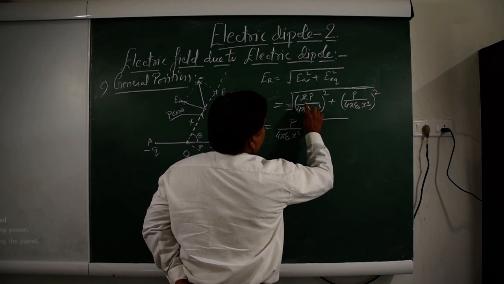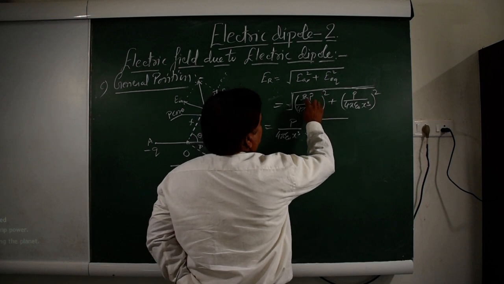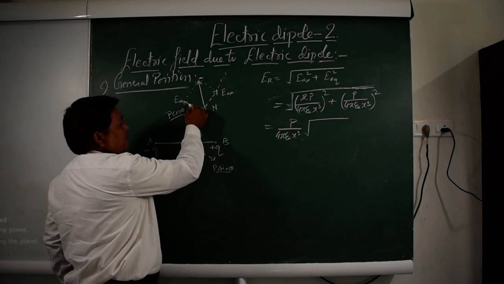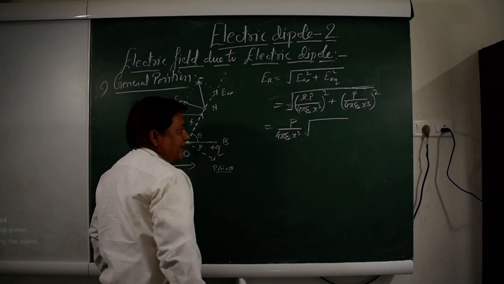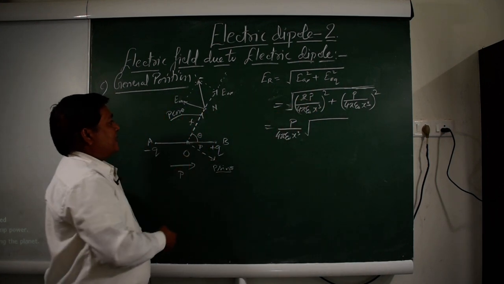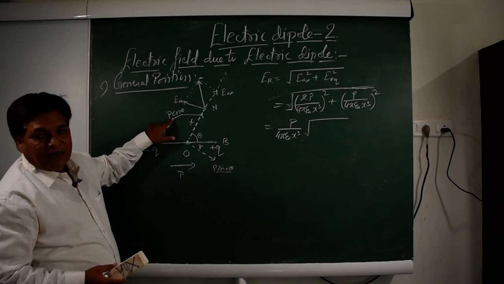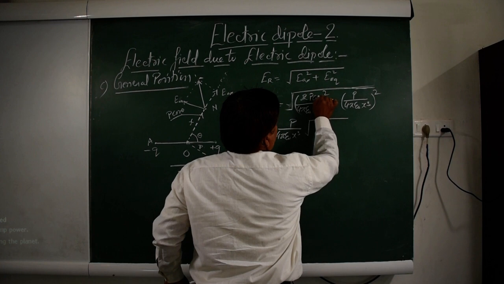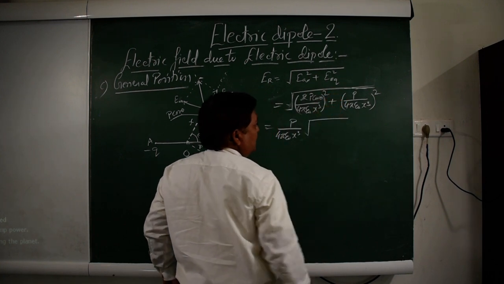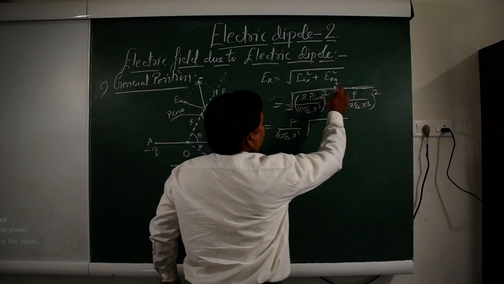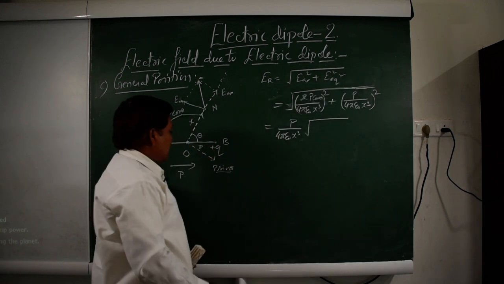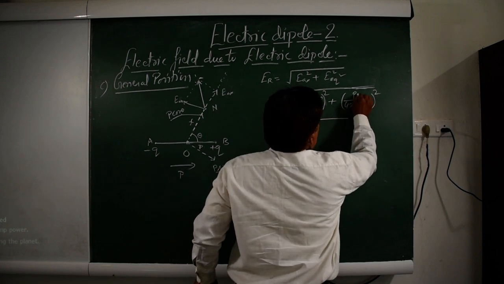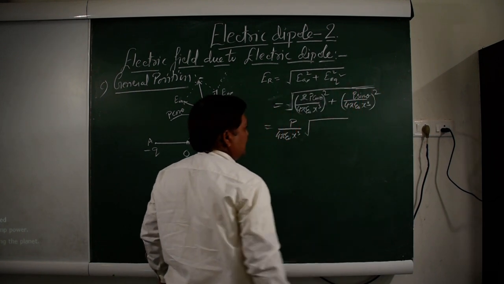In the under root, what is left here? 2 twos are 4. Here, in place of p, what do we write? Since we are taking the value due to the p cos theta component, we write p cos theta, and for the equatorial position, the component of the dipole moment is p sin theta, so we write p sin theta.